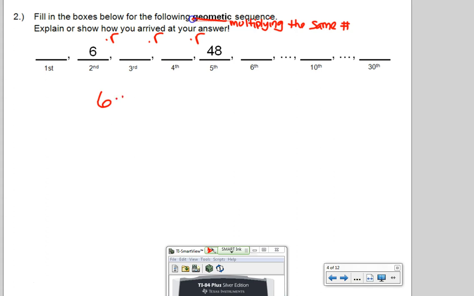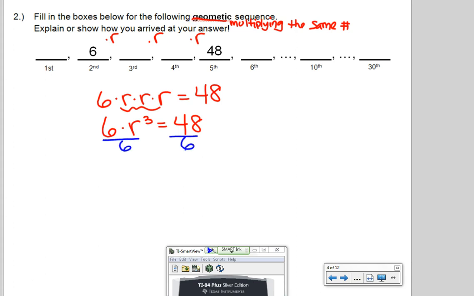We have 6 times r times r times r has to get us to 48. Well, if I simplify, this is 6 times r times r times r, which is 6r cubed. And then that's the equation that you're really trying to figure out. And at this point, you're just going to use what you've learned in solving. I first want to get the 6 out of there by dividing.